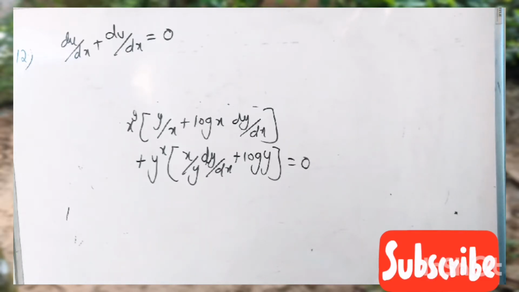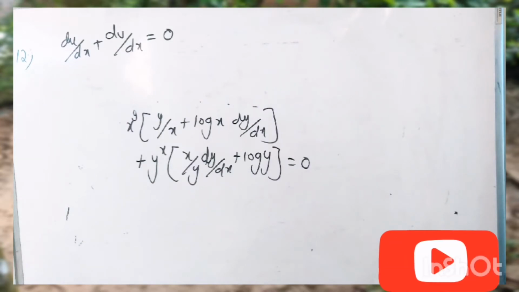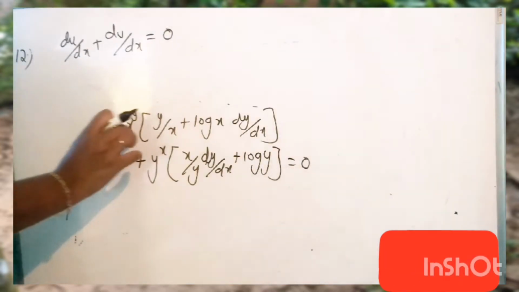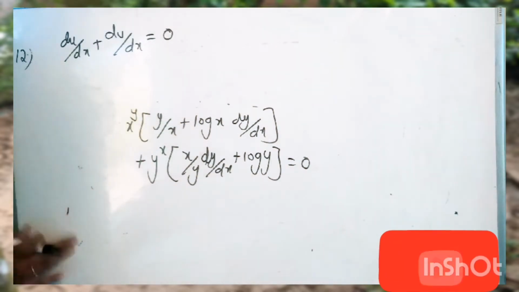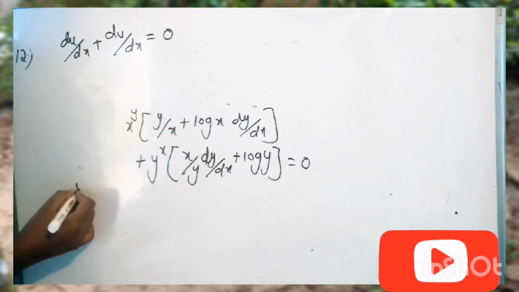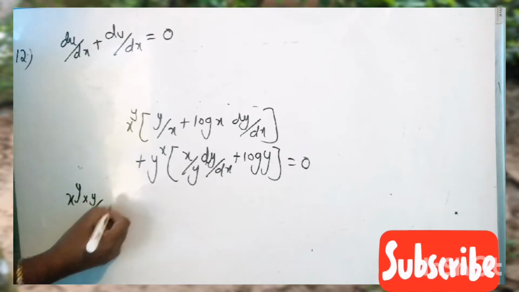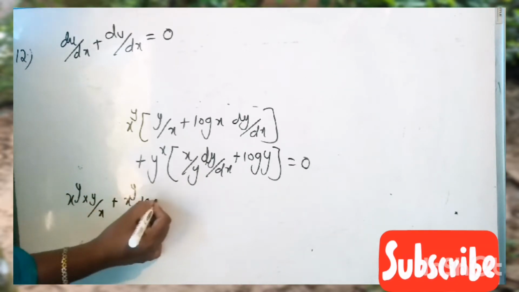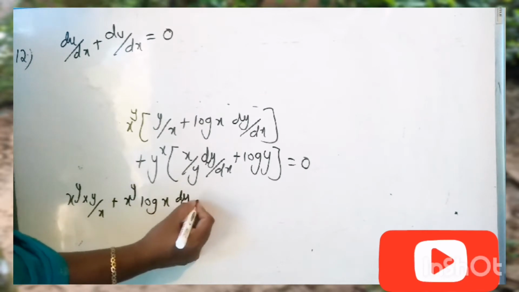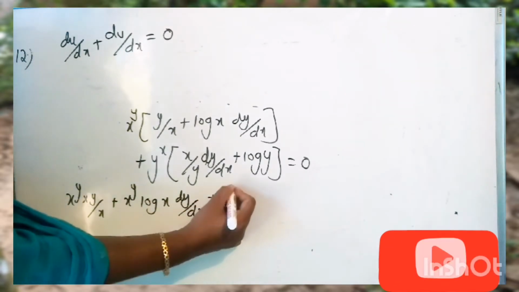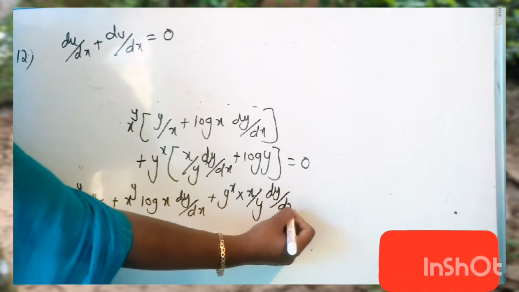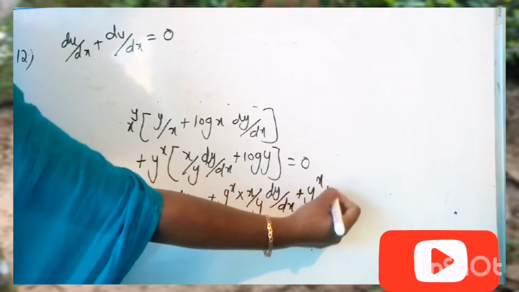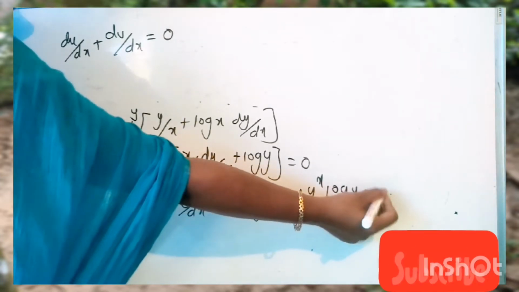What we will do is we will take all the terms which contain dy by dx together. So just open this bracket. If you open this bracket, we will get x raised to y into y by x plus x raised to y into log x into dy by dx plus y raised to x into x by y into dy by dx plus y raised to x into log y equal to 0.